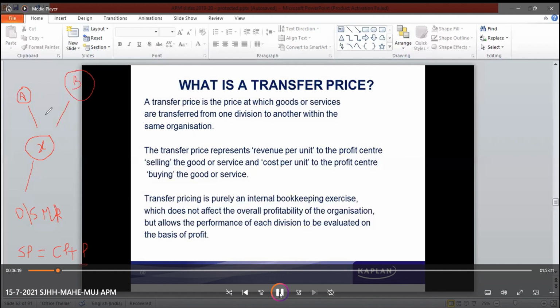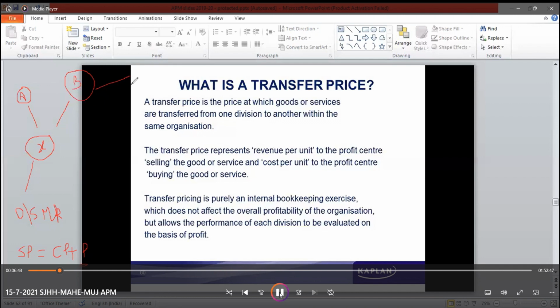What if A refuses to transfer this material to department B? Then B will have to approach the outside market again, and may have to spend a higher price to get the material. For one department it would be fine, but for the other it is not, because it has to shell out more.